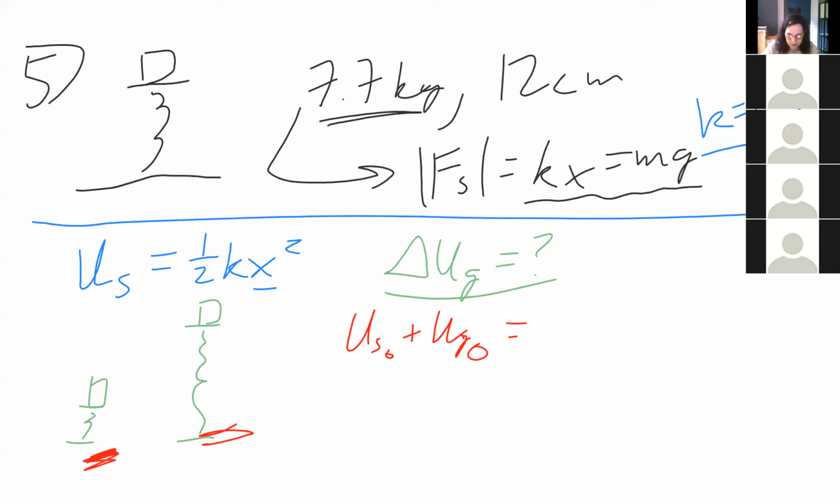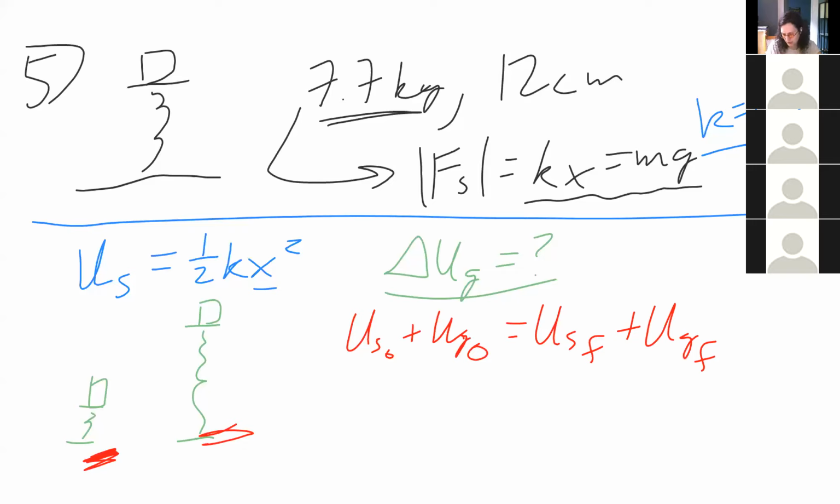That's because the spring has released all of its energy, turned it all into gravitational potential energy. So just to make these notes a little more comprehensible, I'm going to put that there could be some spring potential energy final, and then there would also be some gravitational potential energy final.